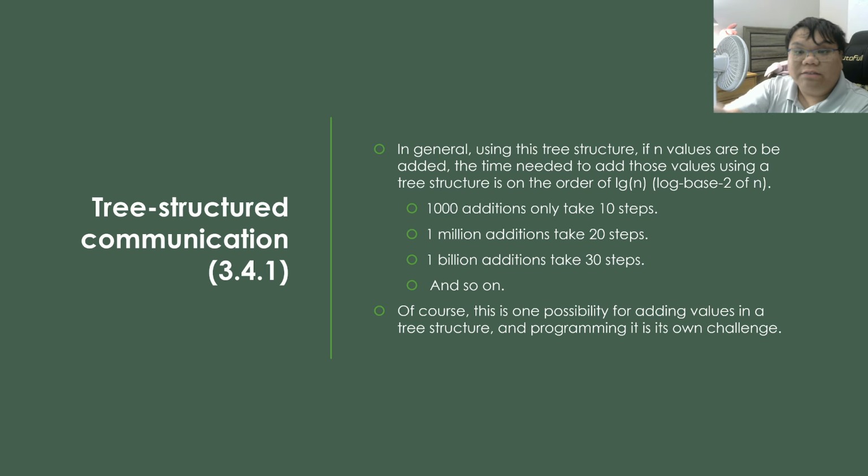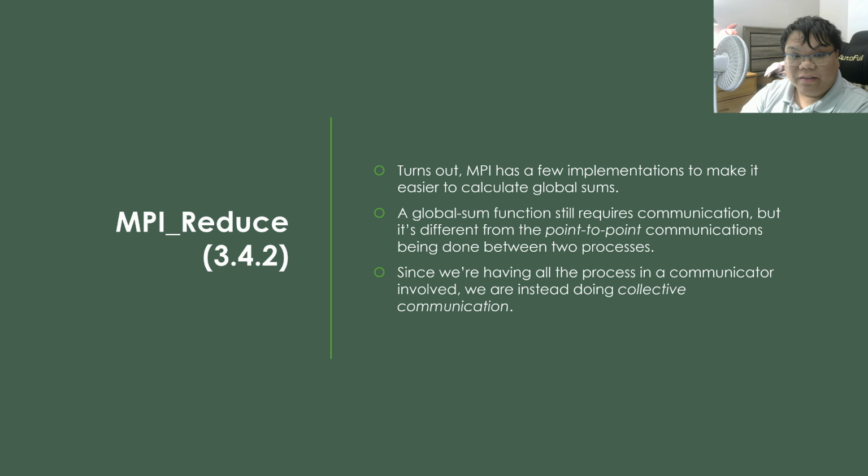It would require doing lots of sends and receives, but MPI already has a function for us, and that is MPI reduce. A global sum function still requires communication, but it's going to be different from the point-to-point communications that we have been doing so far.